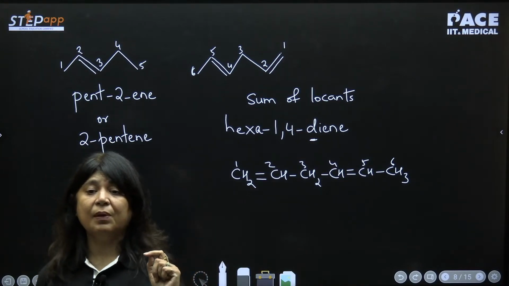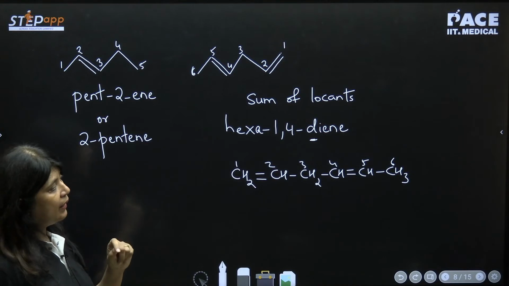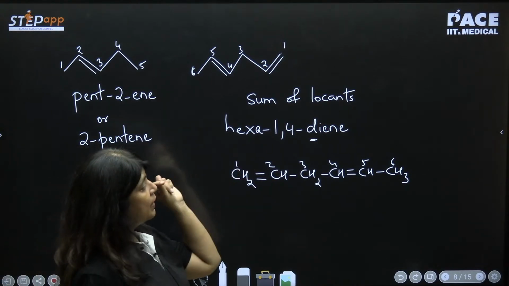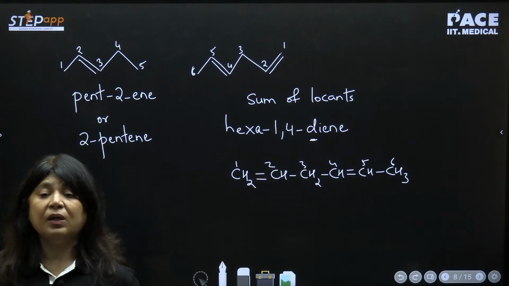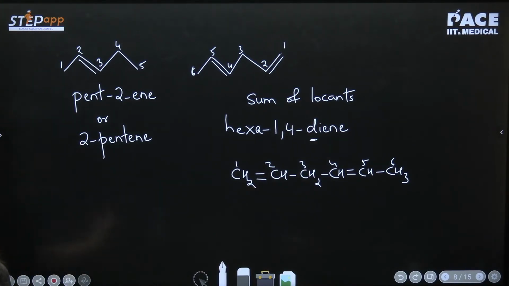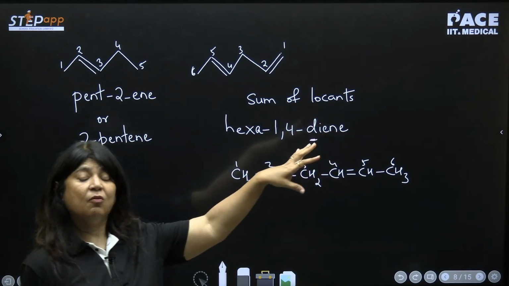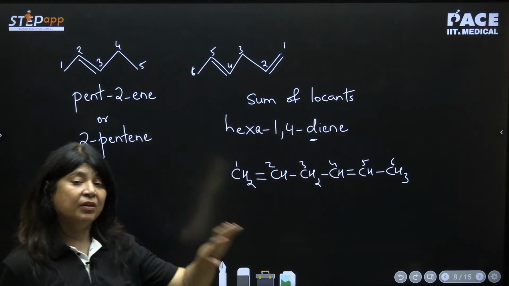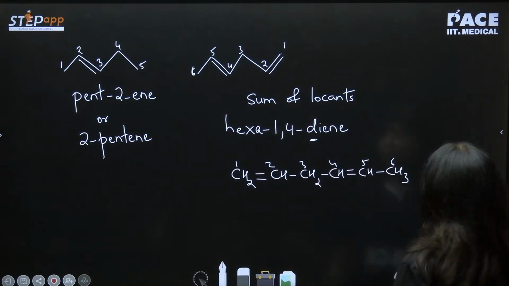The position of the double bonds is 1,4. So it is hex-1,4-diene. But the letter A has to be added because diene does not begin with a vowel. Sorry, if the primary suffix doesn't begin with a vowel, then we add the letter A after the root word. So now let us name a few more.